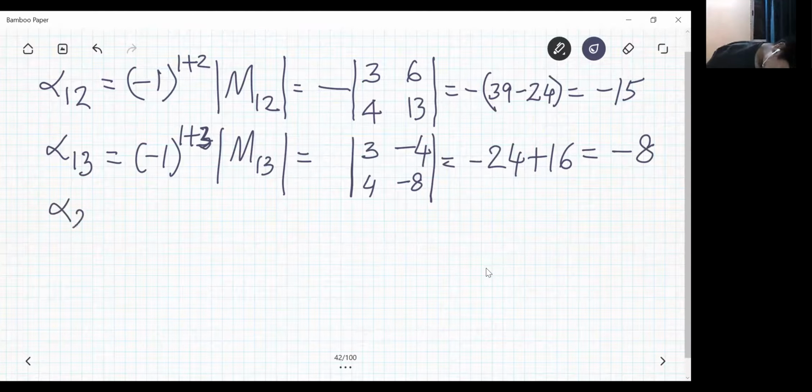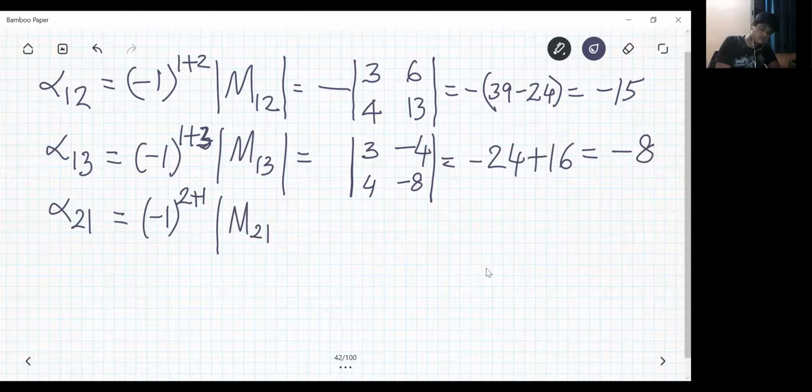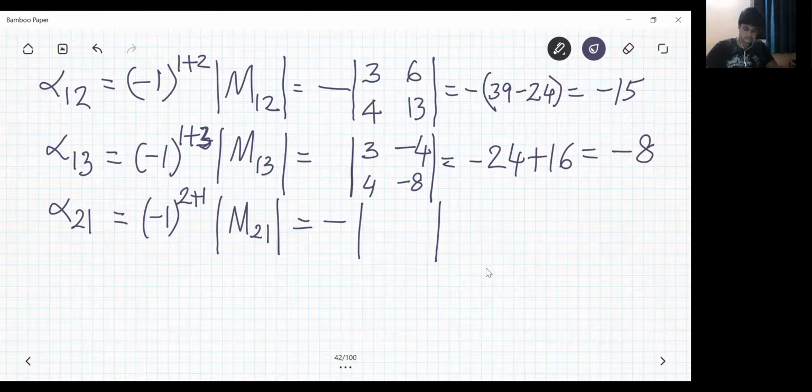Then alpha 2, 1 we have to find. It is minus 1 to the power of 2 plus 1 multiplied by M21. Now 2 plus 1 is an odd number, so this will give a minus sign. I will have to write it here. Then write the minor after ignoring the element in the second row and first column. So if you leave the second row and first column, you get 6, minus 11, minus 8, 13.